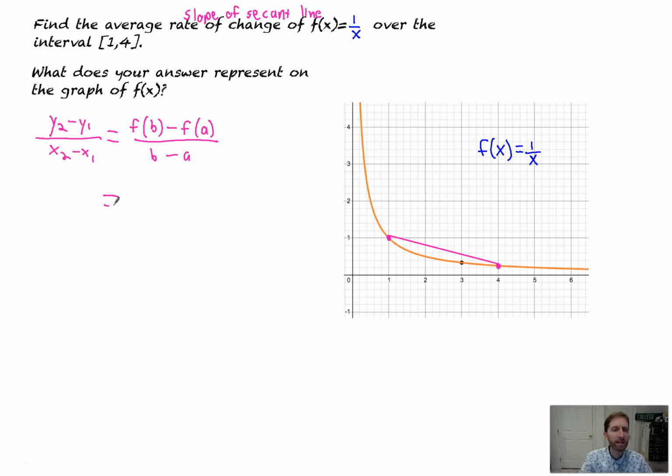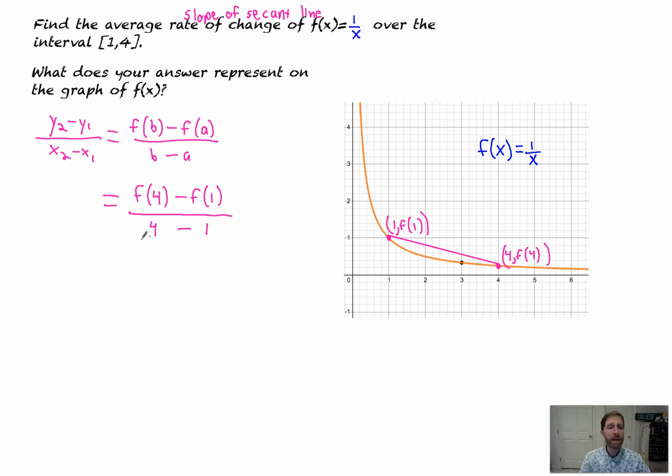Or we could be fancy like f of 4, that would be the y value here, minus f of 1 all over b minus a, which is the x value of 4 minus the x value of 1. And so if you're looking at it notation-wise, this point is 4 comma f of 4, and this point is 1 comma f of 1. You're just doing y2 minus y1 over x2 minus x1.